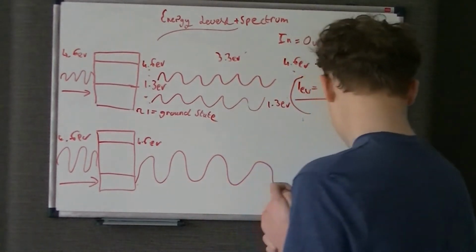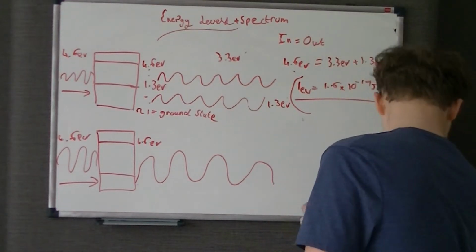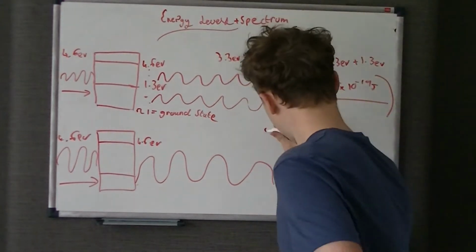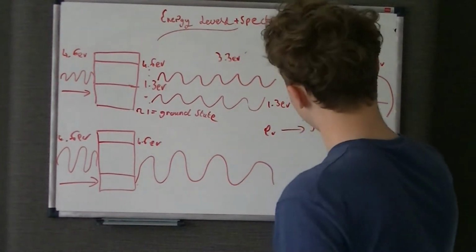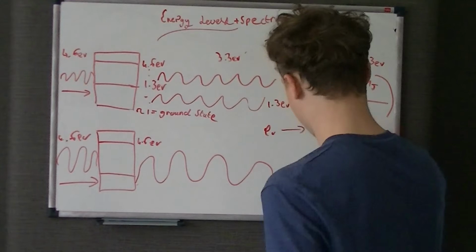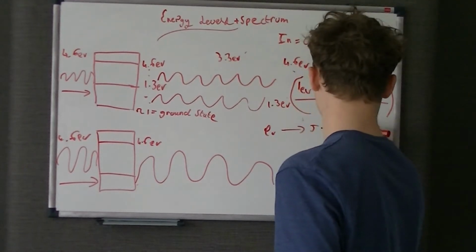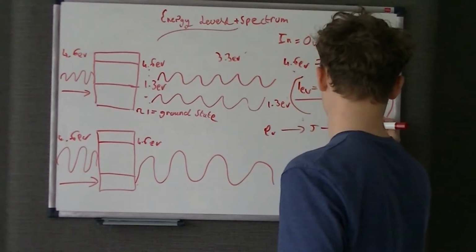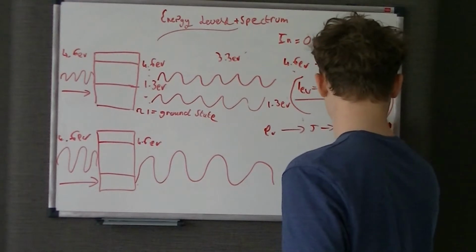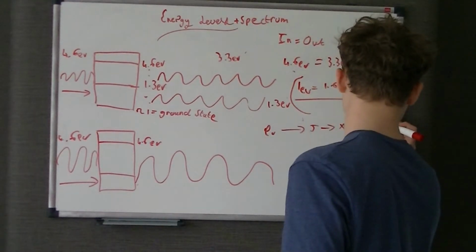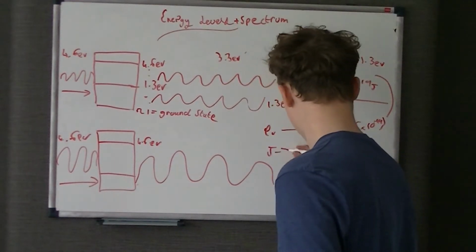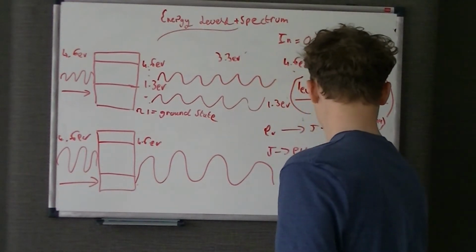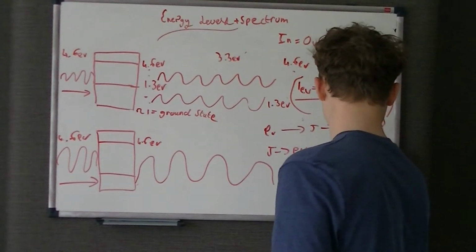If we're converting from electron volts to joules, because we've got 1 eV, we need to times it by 1.6 times 10 to the minus 19. Or, if we're going from joules to eV, we divide by 1.6 times 10 to the minus 19.